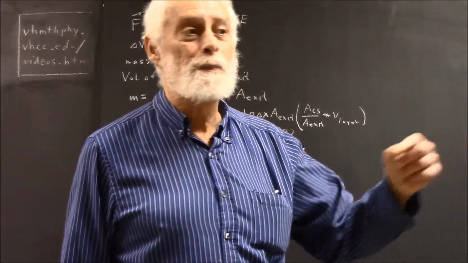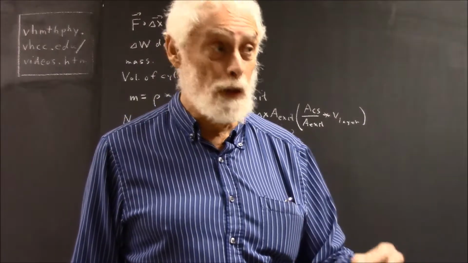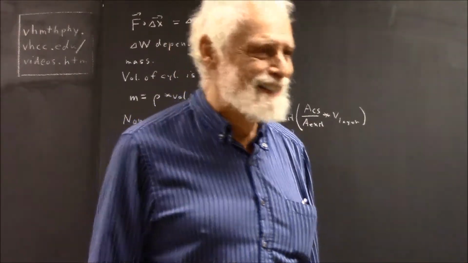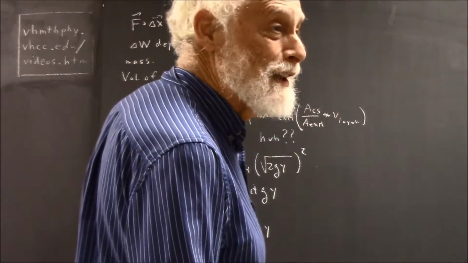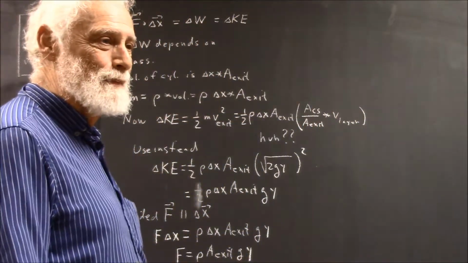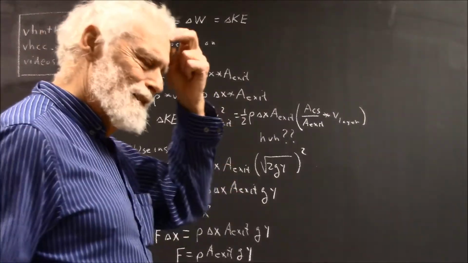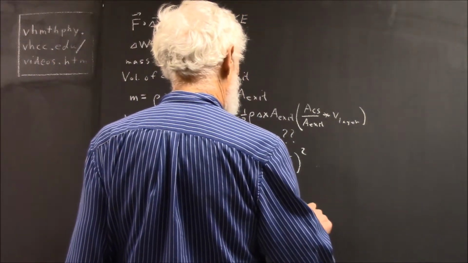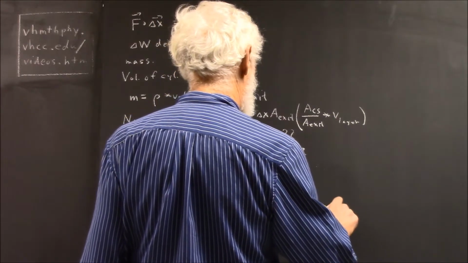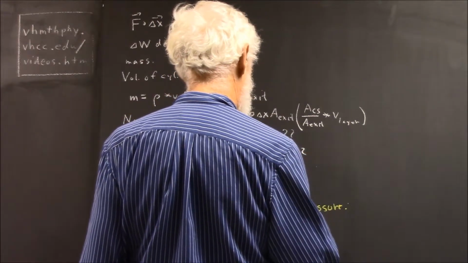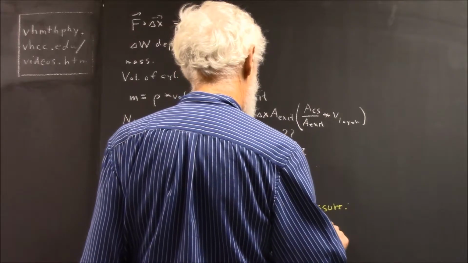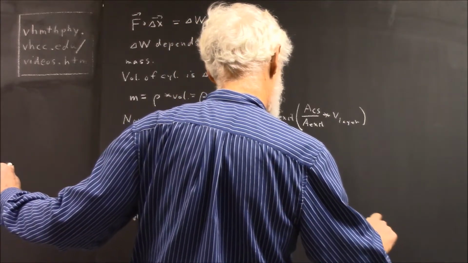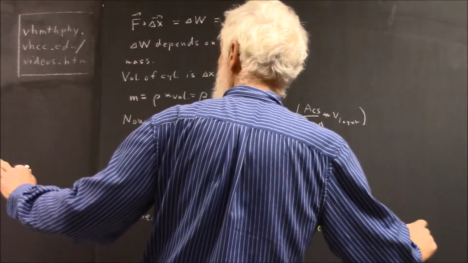So instead of pounds per square inch, we're going to use newtons per square meter. Anybody know what that's called? It's a pascal. We'll say a little bit more about pressure. It's force per unit area.